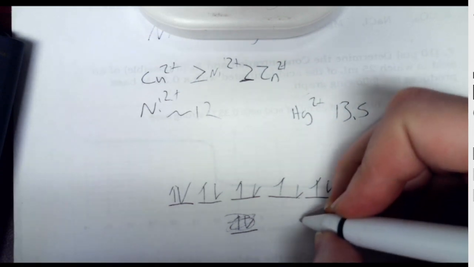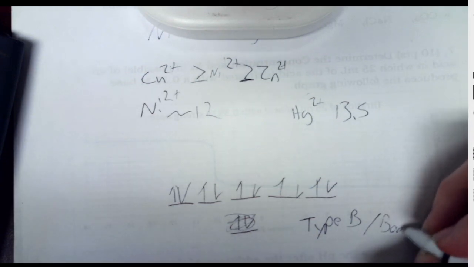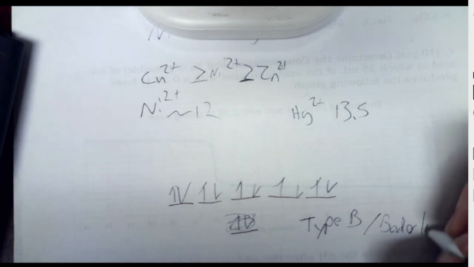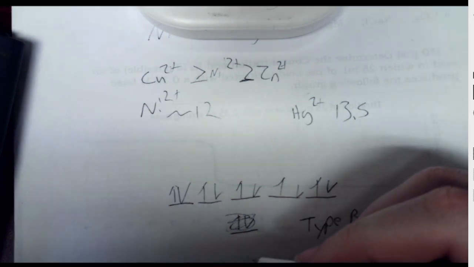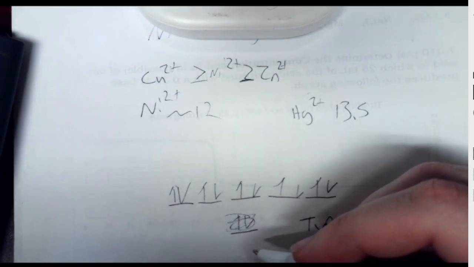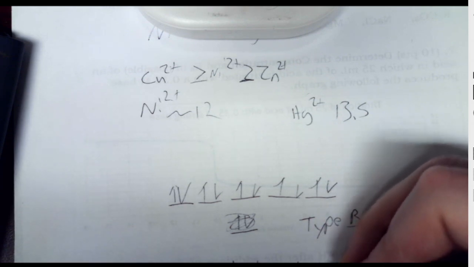That's neutral cadmium. For cadmium-2+, we cross out those electrons. So cadmium would typically be a type B or borderline, a little bit between the two. So we would want to look at species similar to what zinc can do. That means you might expect some cadmium chlorides of various types, like cadmium chloride 1, cadmium chloride 2, cadmium chloride 3.